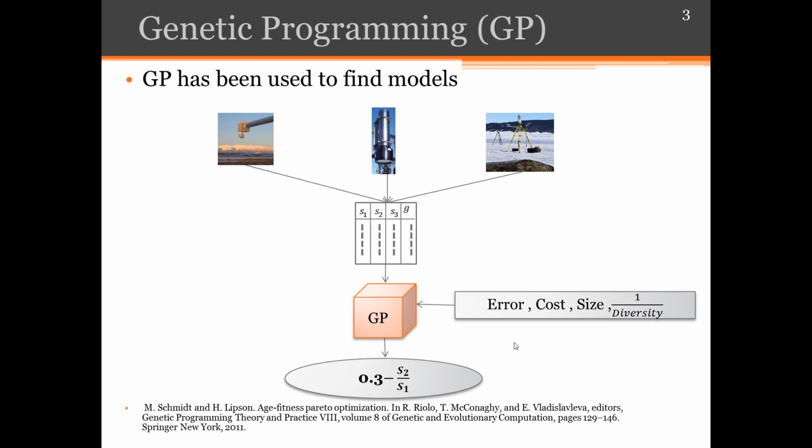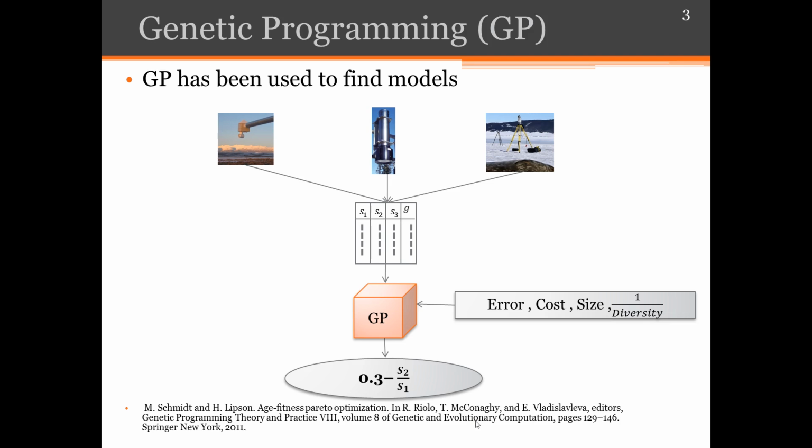Previously, genetic programming has been used to find these kinds of models. It trains models using a pre-gathered data set from the field, and it considers some optimization objectives. For example, here, we need to minimize the error, so the model is accurate.